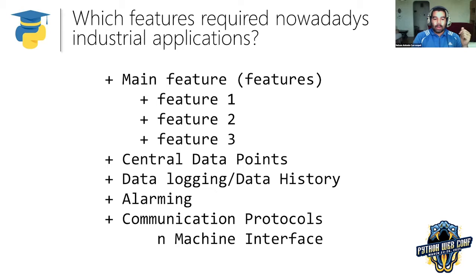You want to alarm an operator. Then there are communication protocols, because you might want to interconnect several interfaces inside the industry. And finally, the human-machine interface. You want to show the operators the health of the machine or the process so they can make an informed decision.